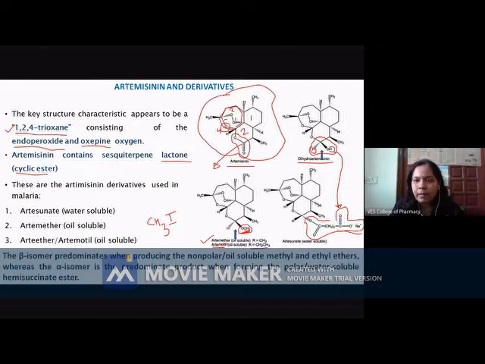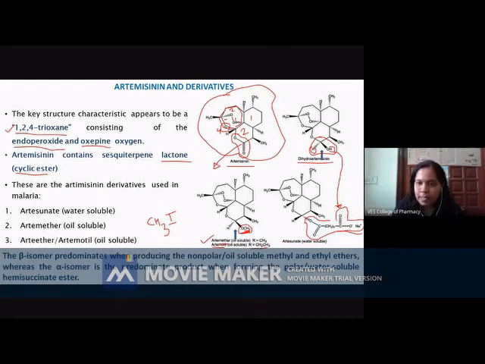So please remember, hemisuccinate means only one carboxylic acid group of the succinic acid is forming the ester with the corresponding alcohol, which in this case is the secondary alcohol group of dihydroartemisinin. And then once the free COOH group is there, you can definitely convert it to the sodium salt by addition of sodium hydroxide.